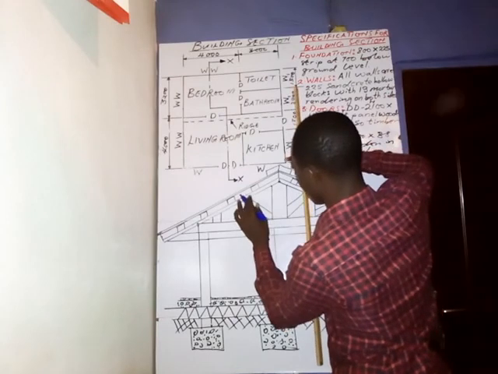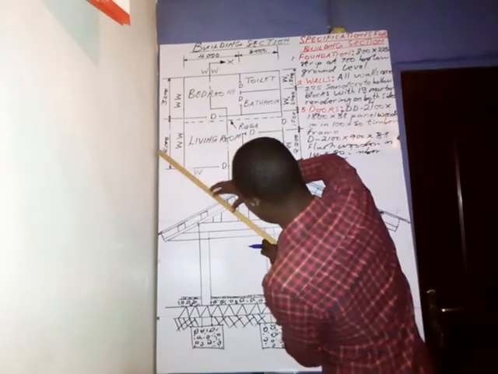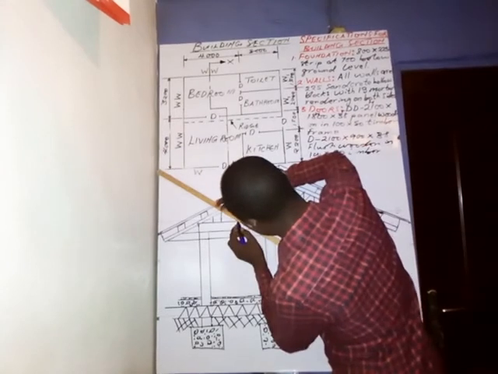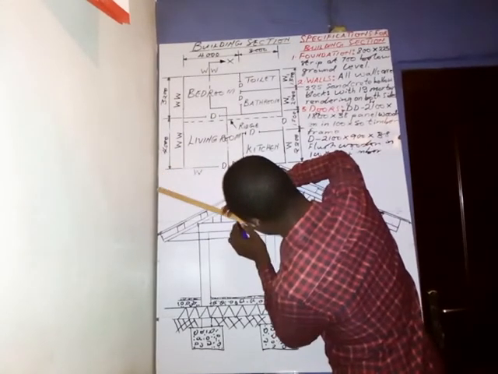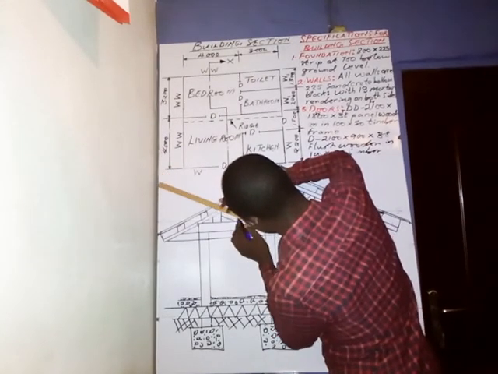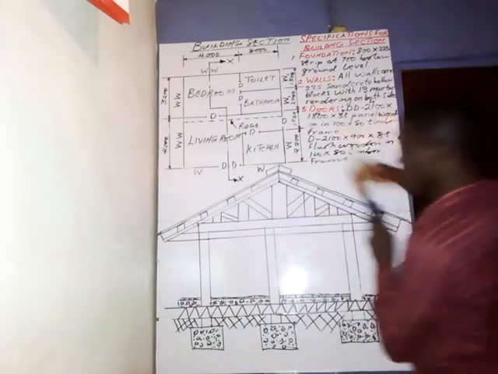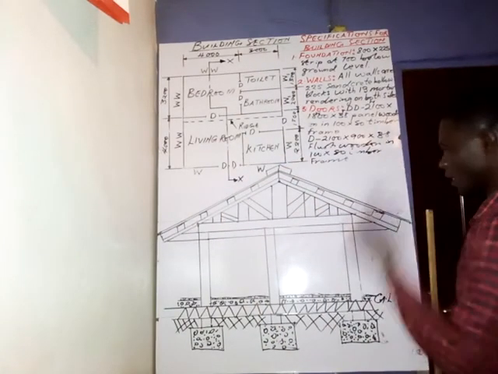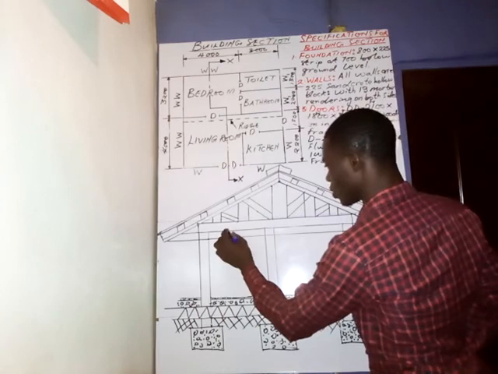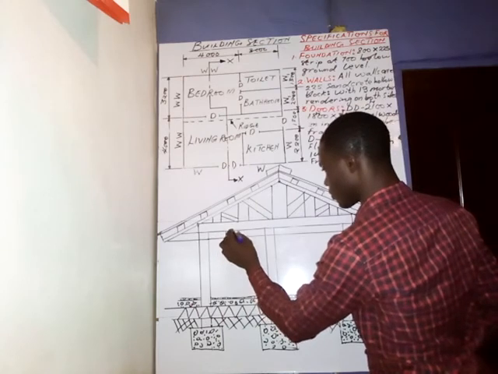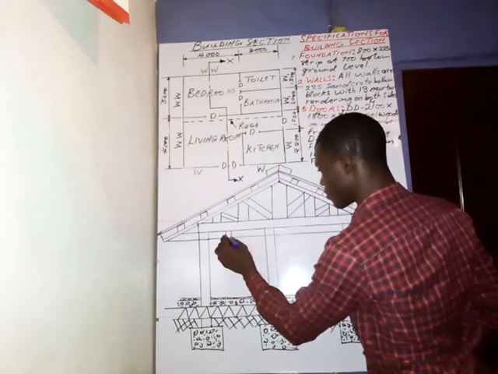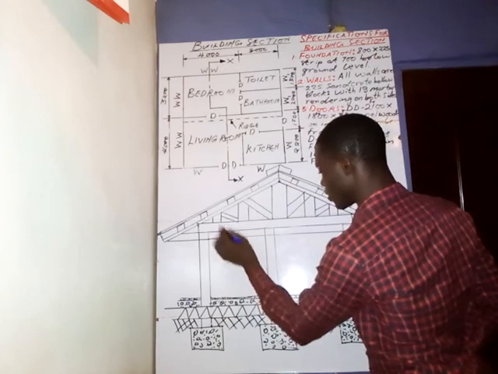Alright, so here also, you do the same. So we are done with that part. The next thing is, I put the ceiling joist here. So this is the ceiling joist. This is how we show the ceiling joist.